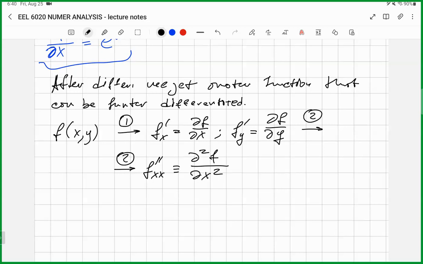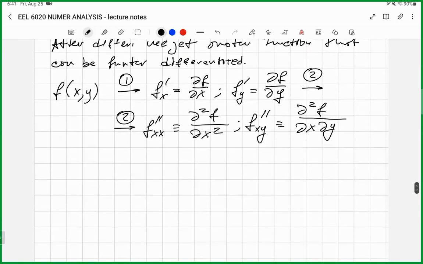So this way we denote the differentiation of a function by x and x again, basically by x twice. We would also get f double dash xy, and it would be d2f over dx dy. And finally, f double dash yy, which is d2f over dy squared.